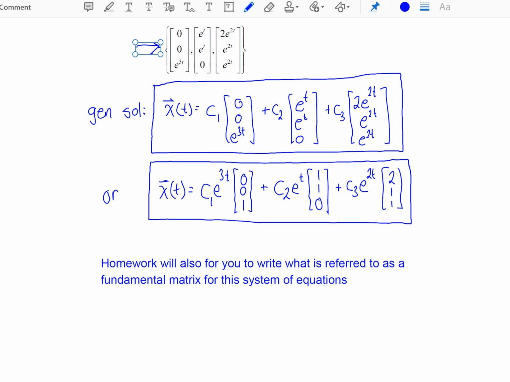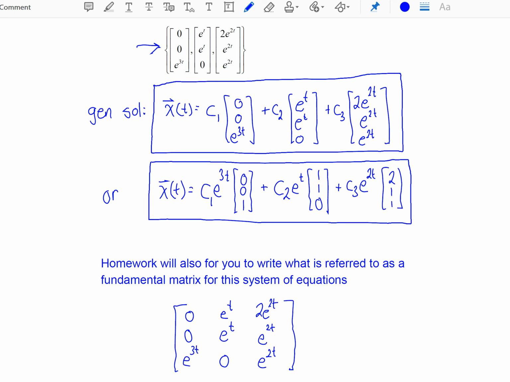So it would look like 0, 0, e to the 3t, e to the t, e to the t, 0, 2e to the 2t, e to the 2t, and e to the 2t.